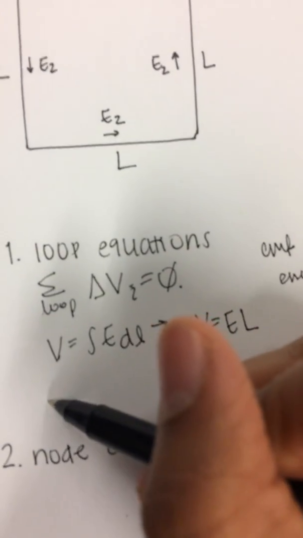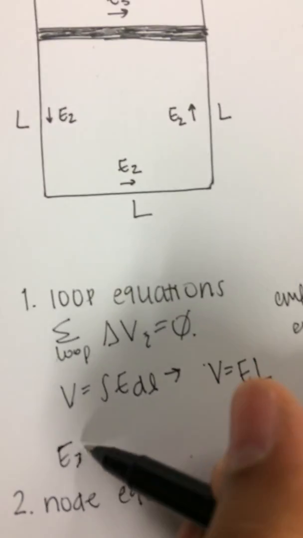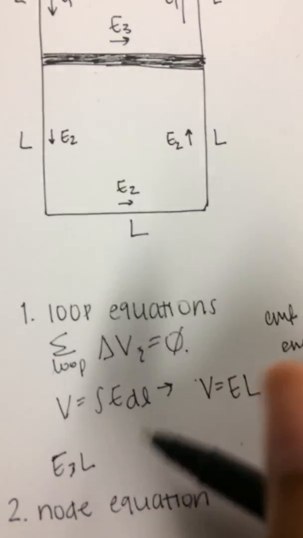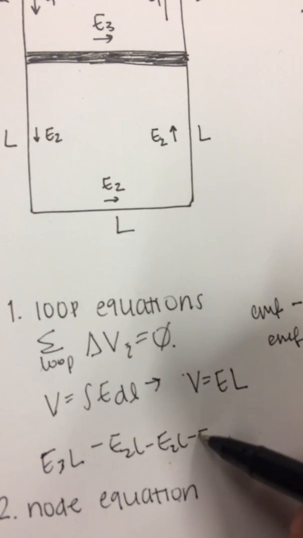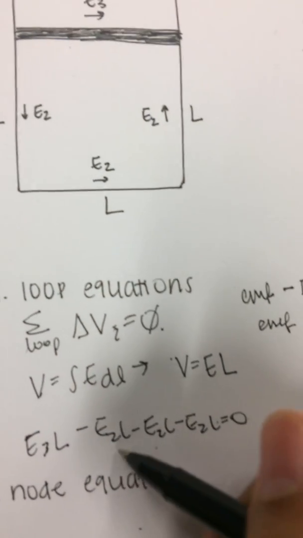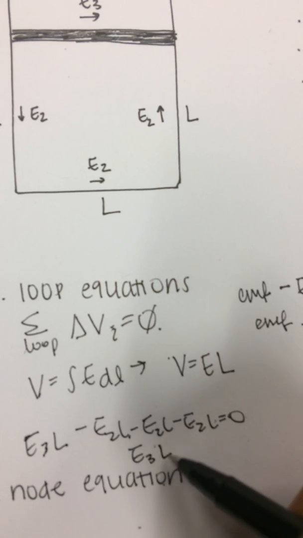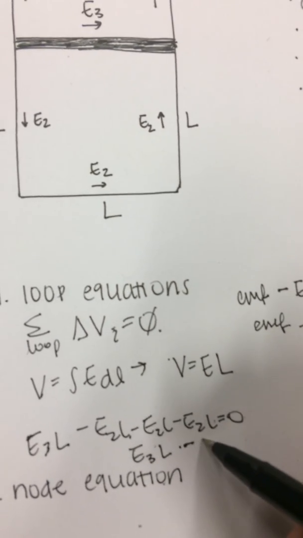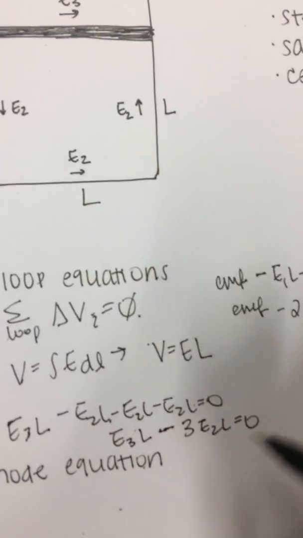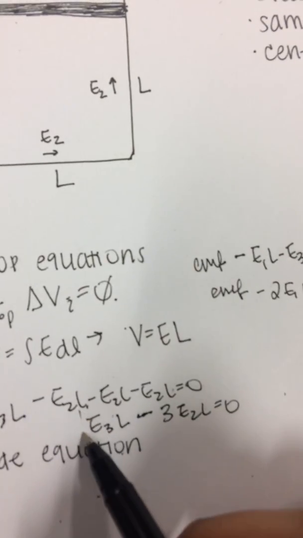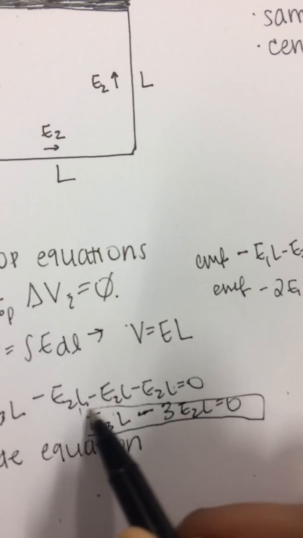I'll write it right here: E3L minus E2L minus E2L minus E2L equals 0. And you could simplify that as well into E3L minus 3E2L equals 0. So that's another equation right here. I'm going to box them so it's easy to tell.